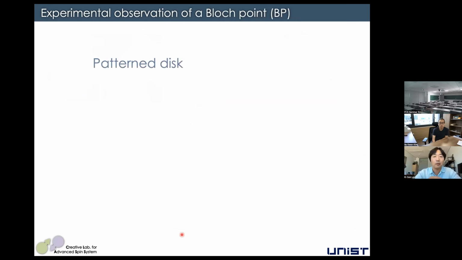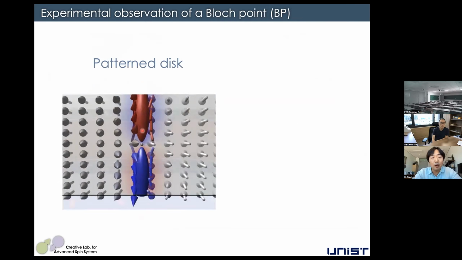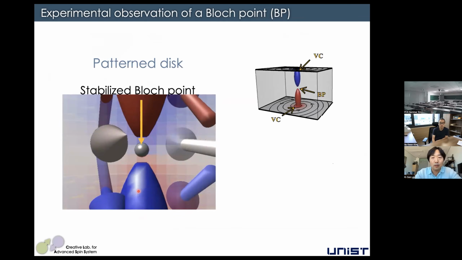So we think about a patterned disk, and if we change some dimensions of the circular disk, we form vortex structures inside this disk. If we form up and down core orientations, then you can stabilize the Bloch point at the center of the up and down core structure. But this is not easy to measure.